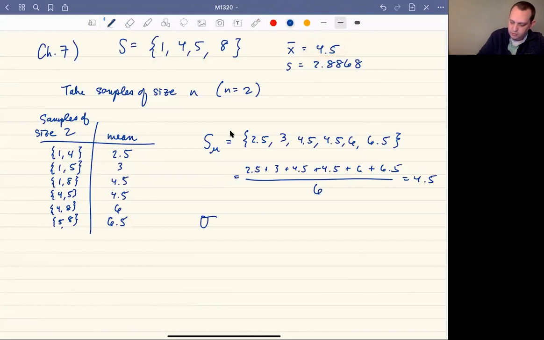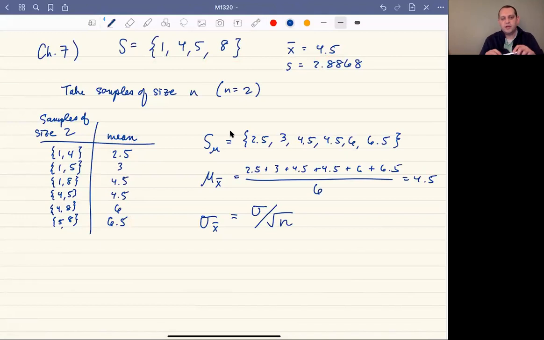I'm mixing up my notation here, sorry. I want the mean of the samples. That's our notation. Then there's the standard deviation of the samples. What we get here won't match up exactly with what's predicted, but what's predicted is the standard deviation divided by the square root of n, where n is the size of your sample.